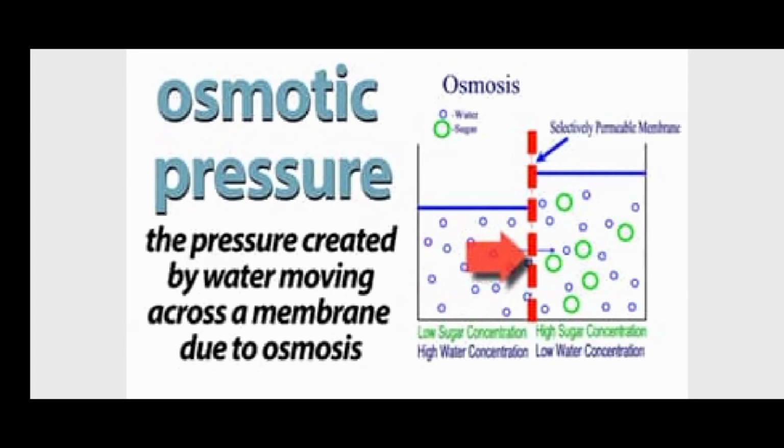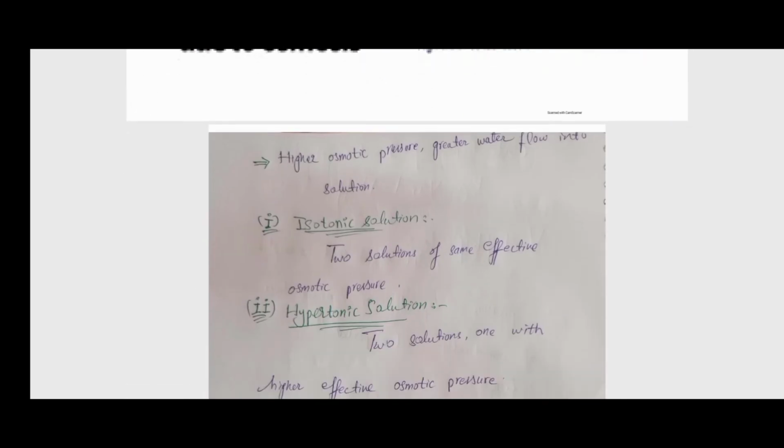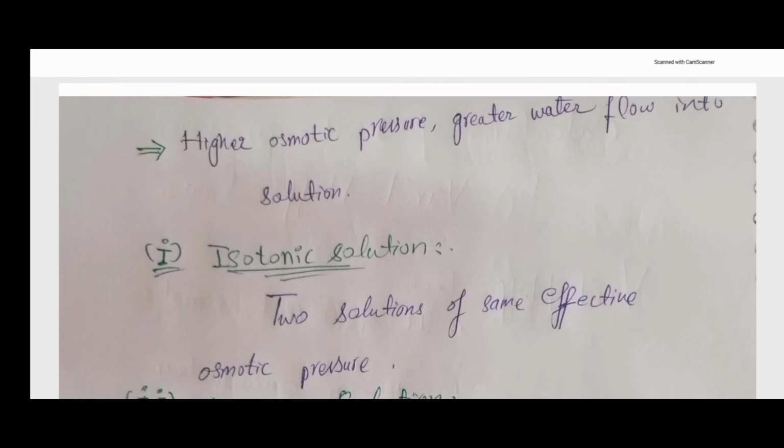Osmotic pressure is created by the water moving across the membrane due to osmosis. If there is higher osmotic pressure, then a greater flow of water from the solution will occur.